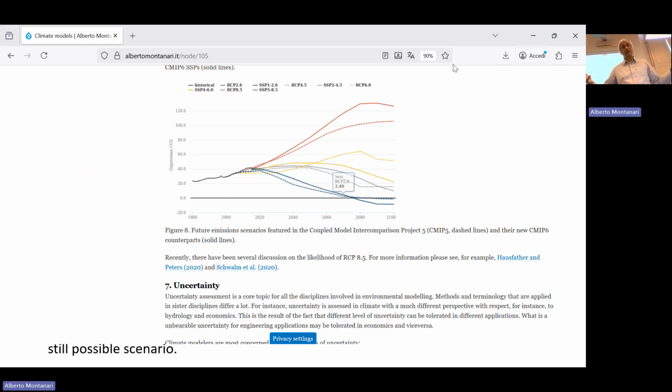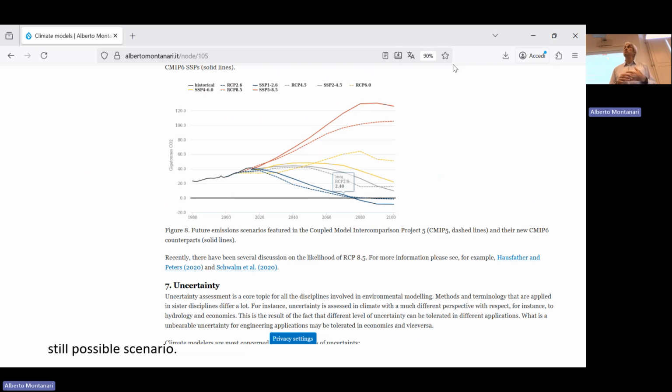So if you average over a large domain, this is fine. I made some experiments at the local level, and at the local level, you really see a lot of uncertainty. And you really see this contradiction. I didn't look at the last generation of models at 3 kilometers.